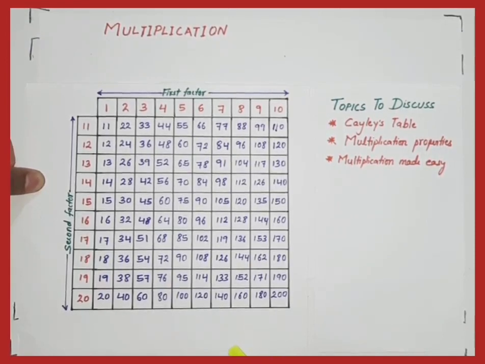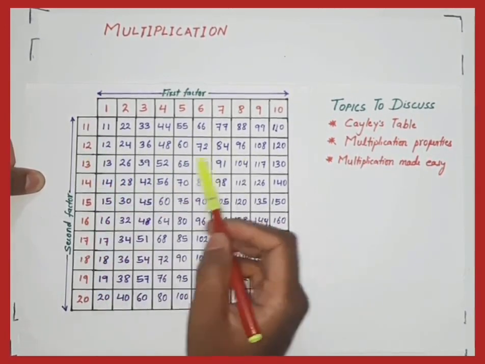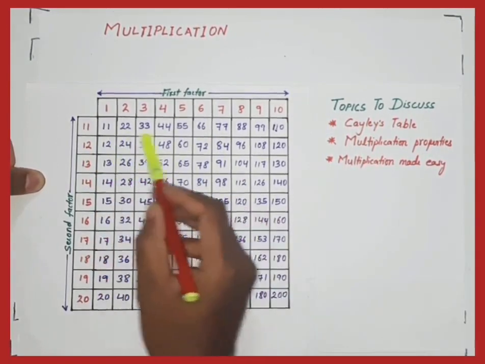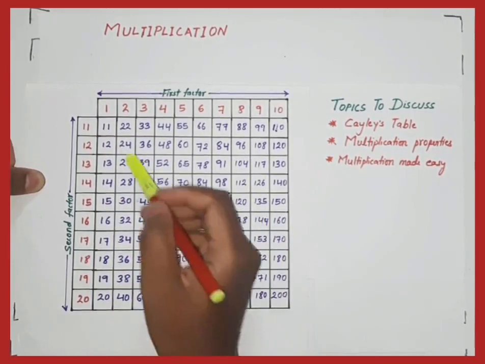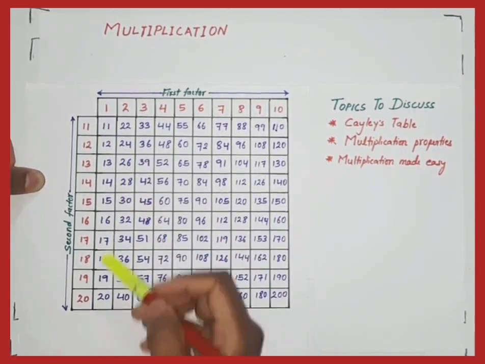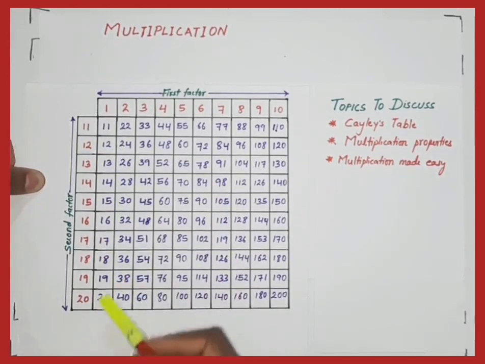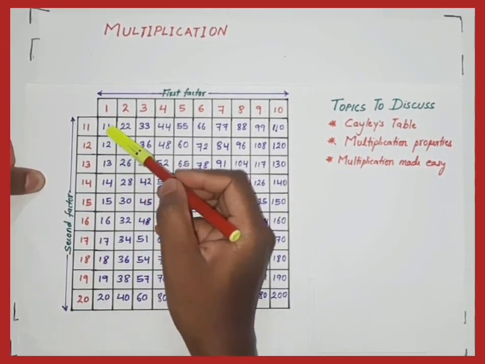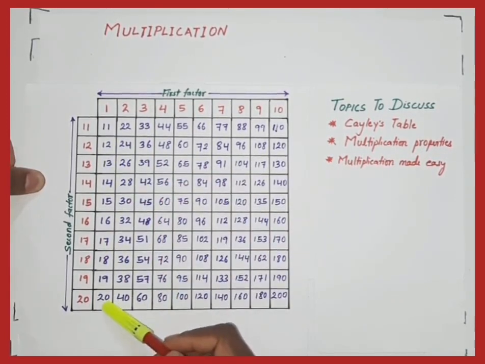So how do you relate the table, how is the Calais table interesting and important for us? See, here the 11 table and 12 table are given. If you see this side, the table is given, okay, but if you move vertically, 11 into 1 is 11. So if you see the table vertically, it is increasing by 1. So 11 plus 1 is 12, 12 plus 1 is 13, so on up to 20.